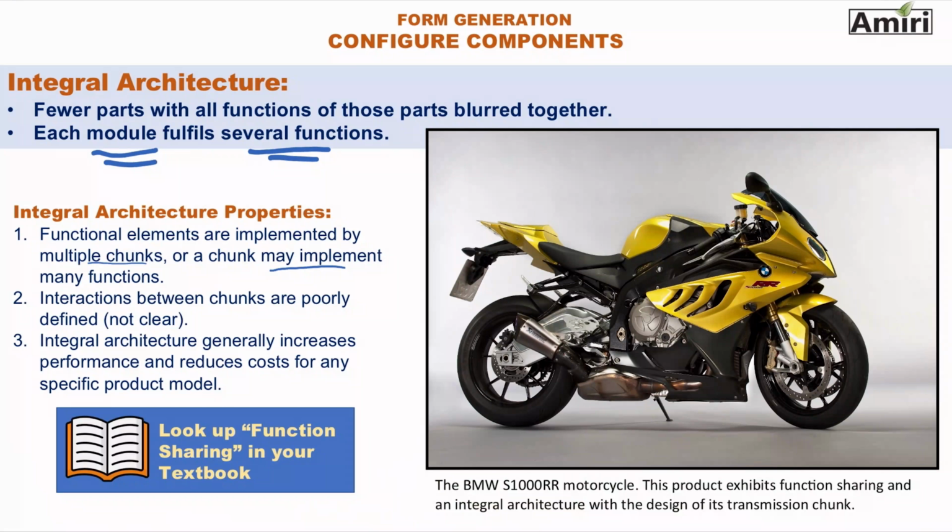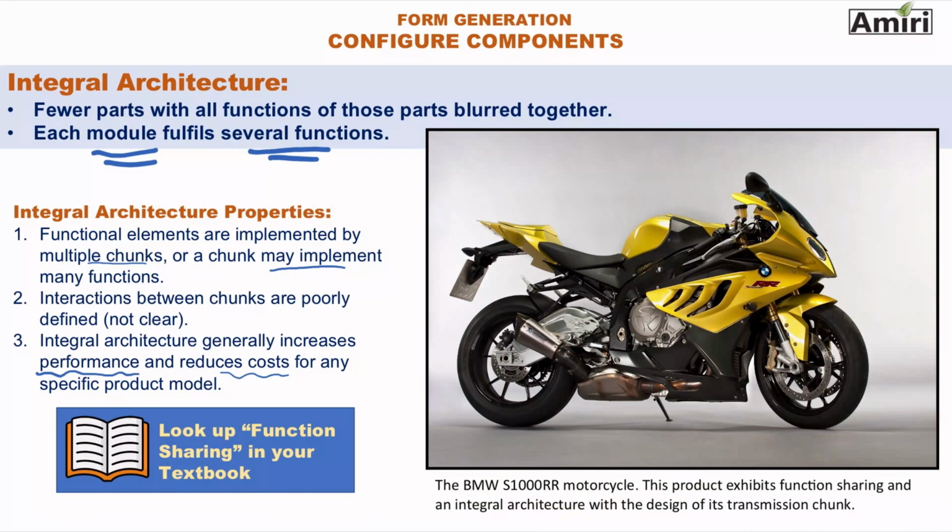Interactions between chunks are poorly defined, and it's not because the team can't define them. It's because of the nature of integral architecture. The interfaces and interactions are not clear, not very distinct. Integral architecture also depends on the product, but generally increases performance and reduces cost, because sometimes the number of parts is reduced, and therefore the costs are reduced.